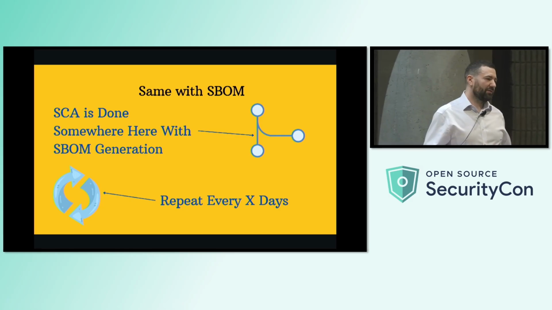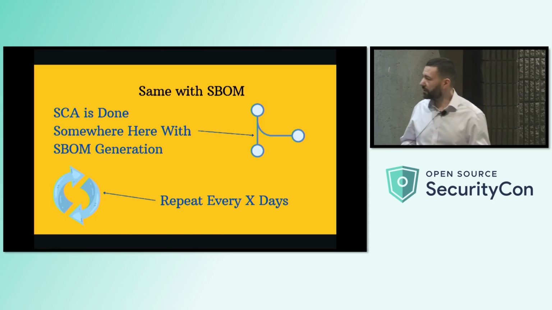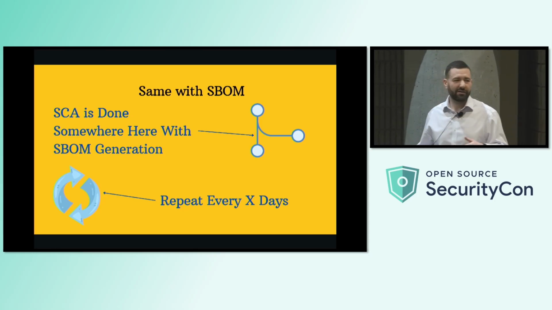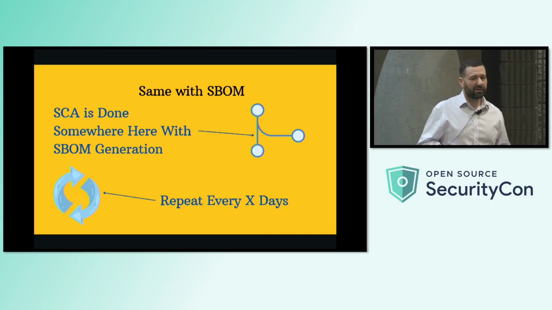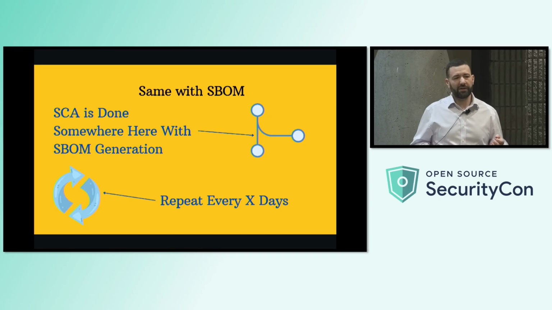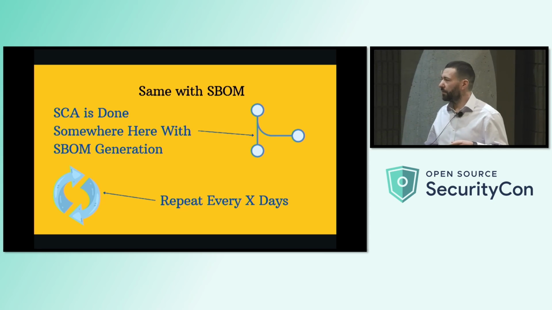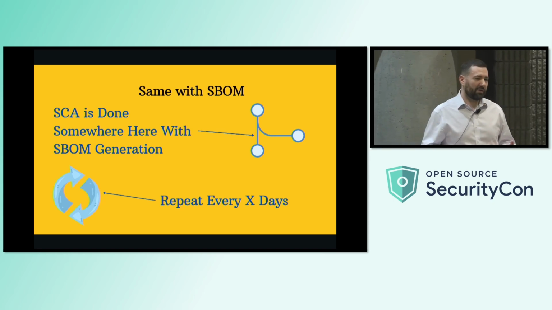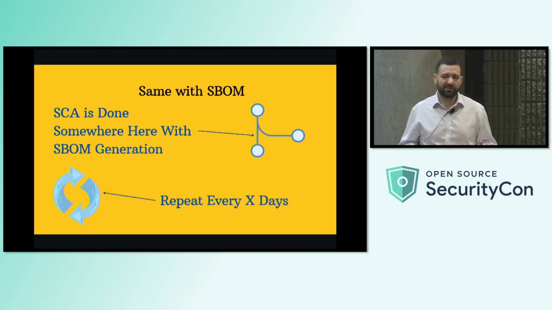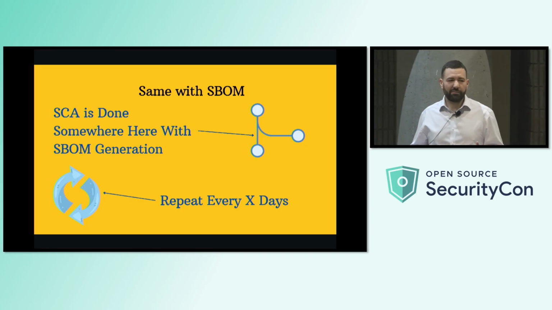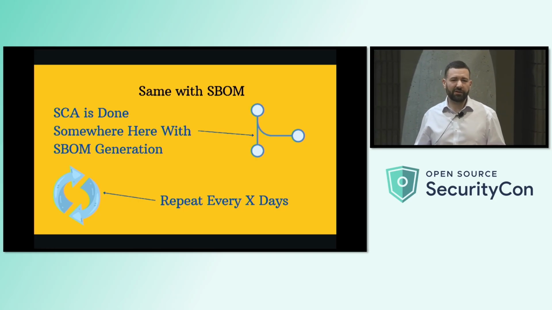We still do this SCA every, let's say, X days, every 30 days, every 6 months. But now, on top of the list of vulnerabilities and everything, you also get your SBOM. But the underlying problem of mapping SBOMs to releases stays the same. Again, there is a disconnect between what you ship and what you analyze.